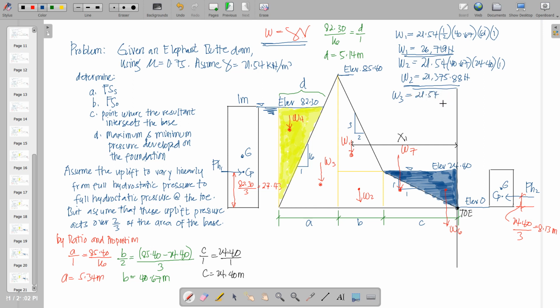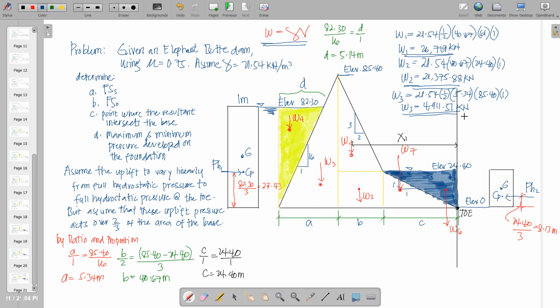Okay, next we have W3, the triangle. The gamma is 21.54 times 1/2, base is 5.34, height is 85.4, and then multiply it by 1. So here we have 4,911.51 kilonewton. By the way, all the units shall be in kilonewtons.